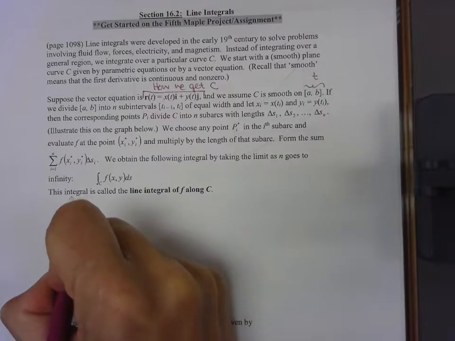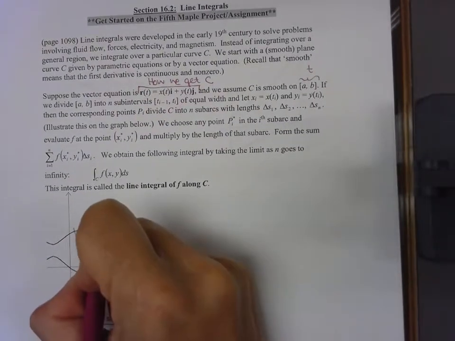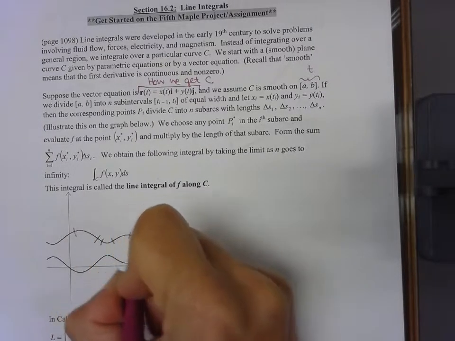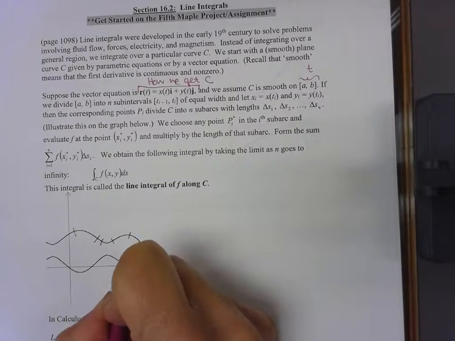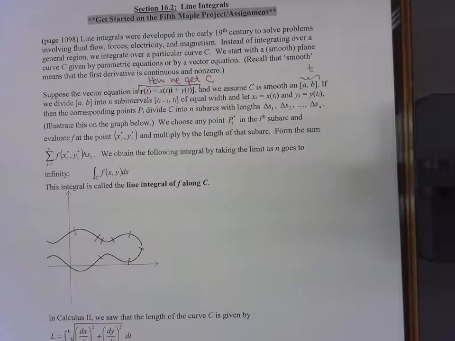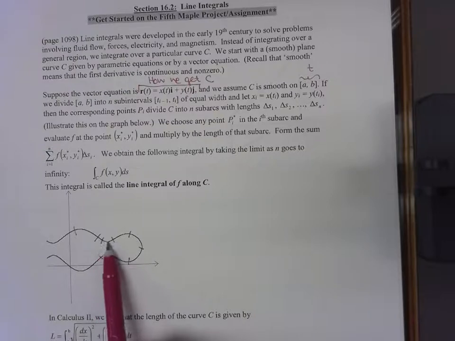So maybe I'd get a really long one, maybe the object is moving really fast, and then it kind of moves slow. So maybe it does something like that. And then it divides our curve into these separate little arcs.